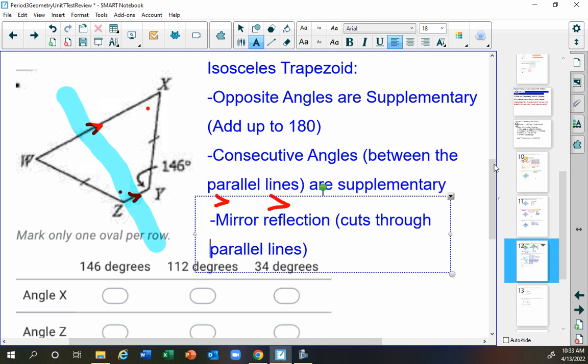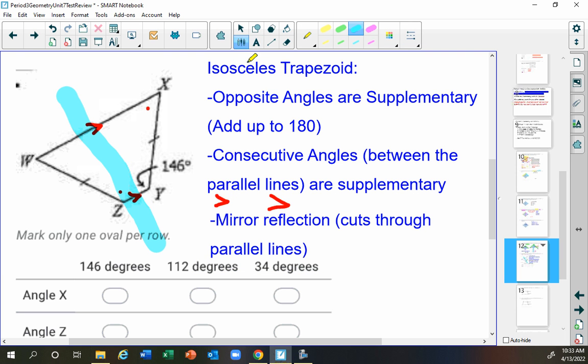All right, so let's begin. Well, opposite angles are supplementary. That means they add up to 180. And the consecutive, so that means these two angles add up to 180.